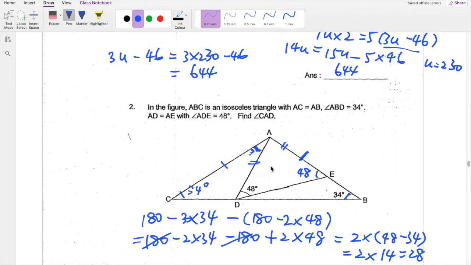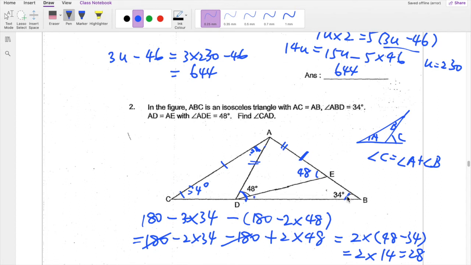Another way we can think about it, as we just mentioned, is that angle C equals A plus B. To calculate this one, if we know this angle, we use this angle minus 34 and we get it. But how do we calculate this angle?